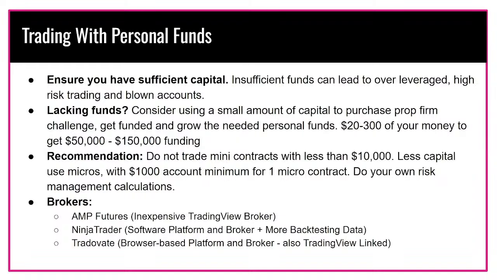Instead, with that $20 to $300, you can purchase a $50,000 to $150,000 prop firm funding account. And if you pass their challenge, you can then grow additional funding for your personal account. I'd say that's a pretty good return on investment right there.